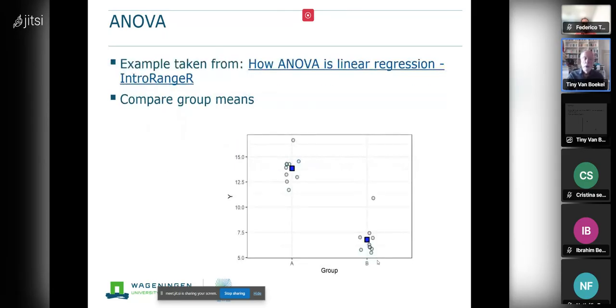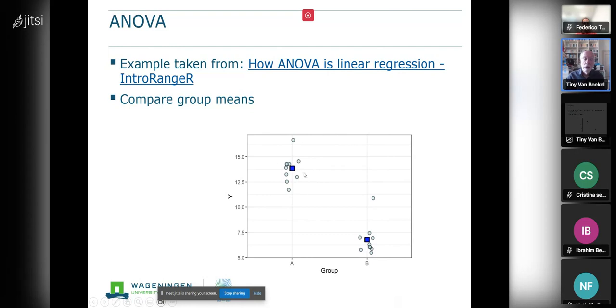Now, the following example I took from this website, which I thought explains it very nicely, so you can look it up again if you want to. But what basically is shown here is one treatment A and another treatment B, and we look at some outcome. The outcome is not specified, it's just a simple example.